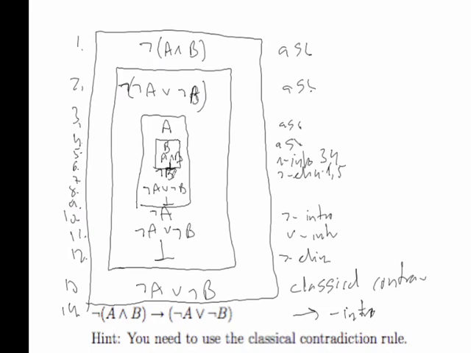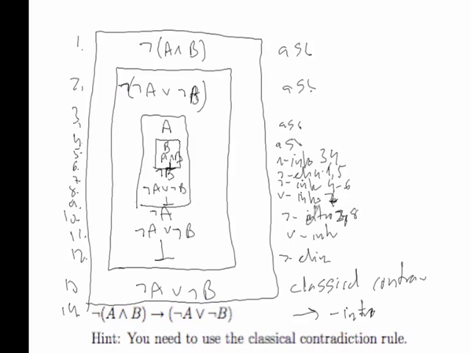The next one was a not introduction from line 4 to line 6. And this one was an OR introduction from line 7. This one was a not introduction from line 3 to 8. And this one was a not elimination.